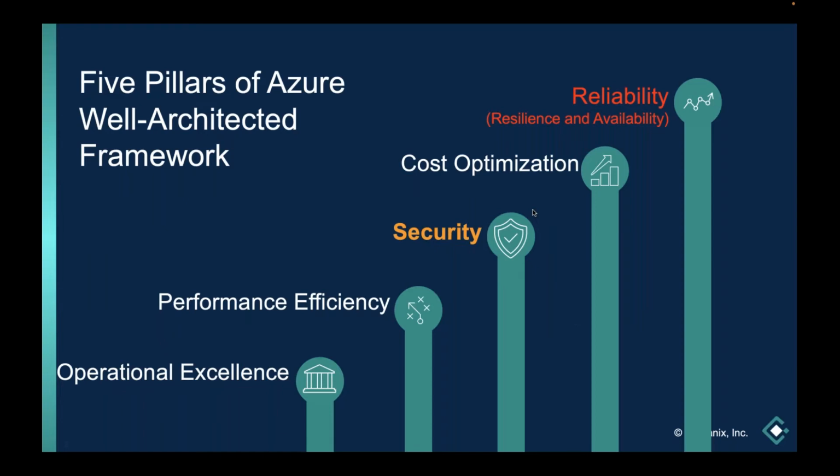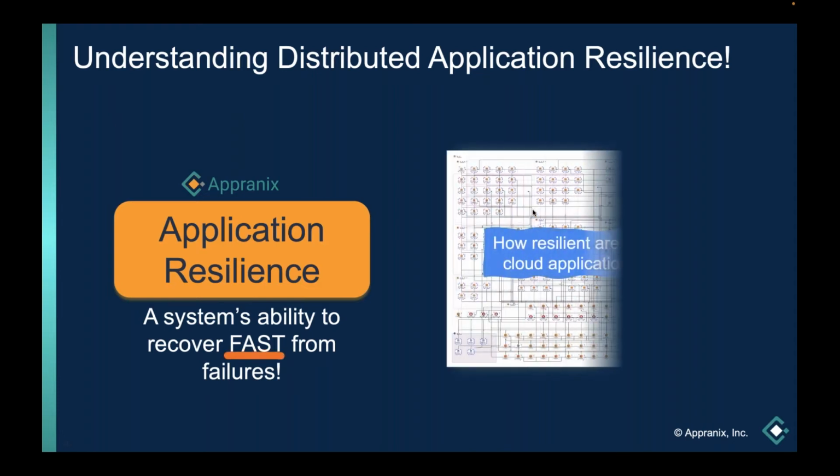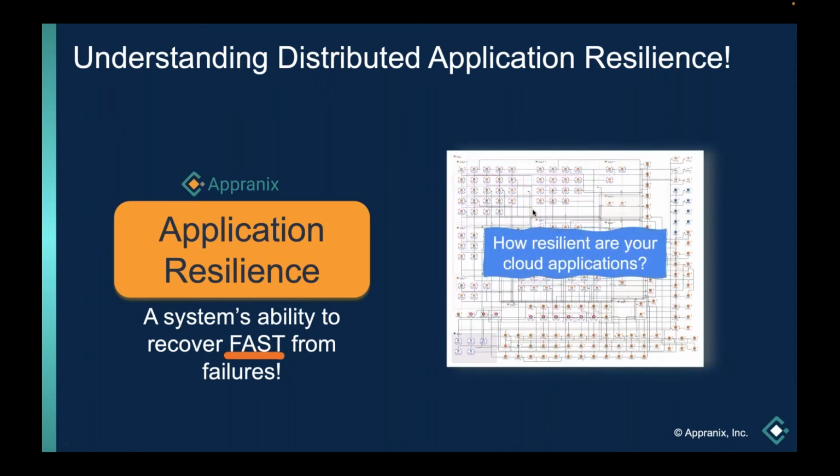Now, when it comes to application resilience, particularly distributed application resilience, we are talking about an application that appears to be like this. It could be as complicated as shown here, or it could be a simpler form.